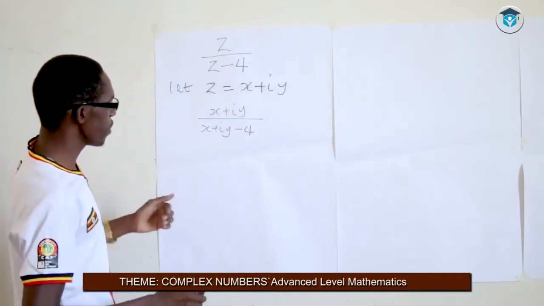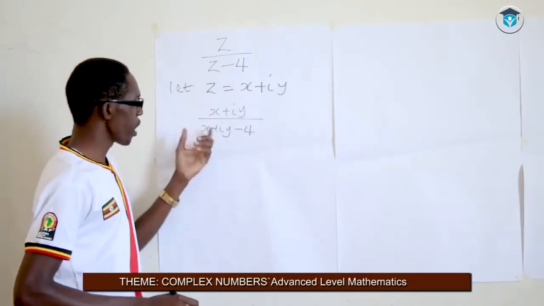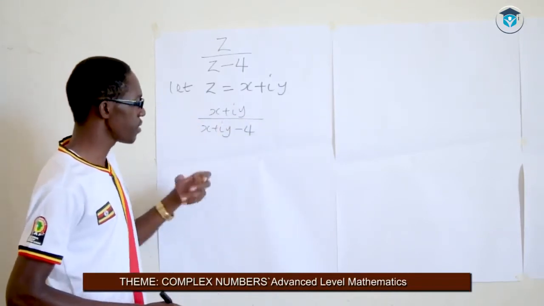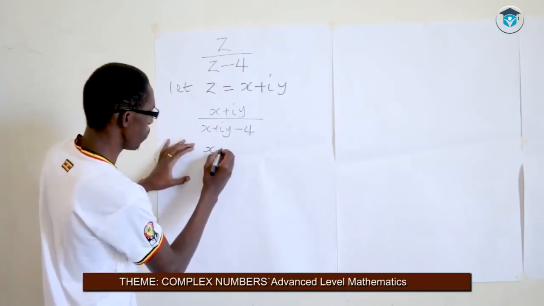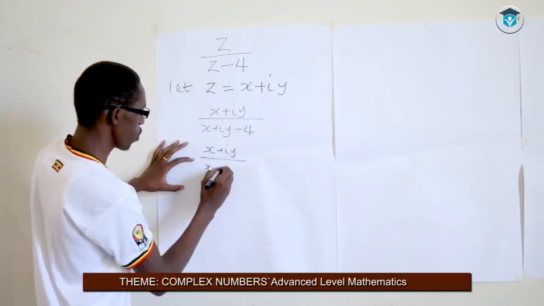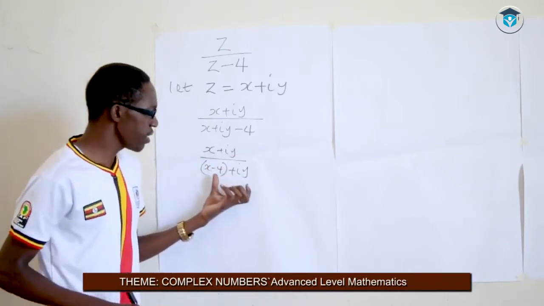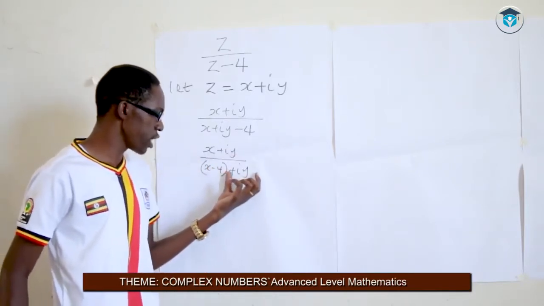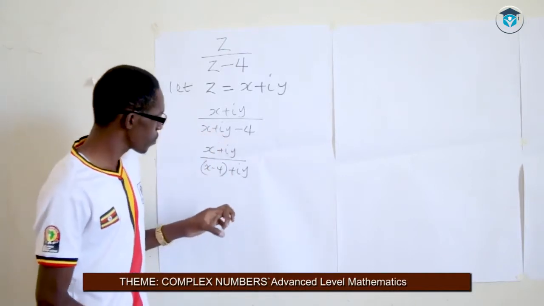Then, in the denominator, we are going to pull together the real parts and then the imaginary parts. So this will give us x plus iy over x minus 4 plus iy. Then we realize that we have an imaginary part in the denominator, so we are to rationalize this expression.